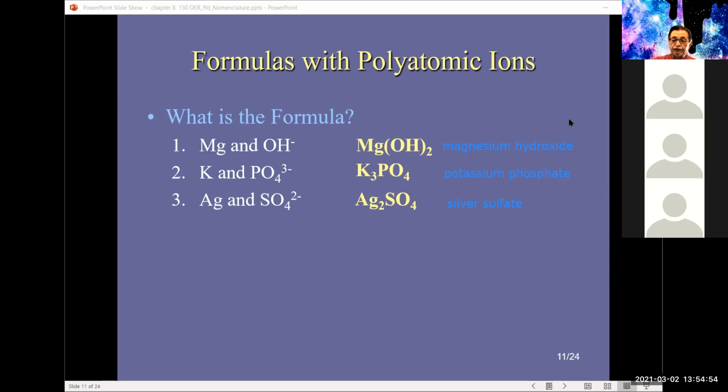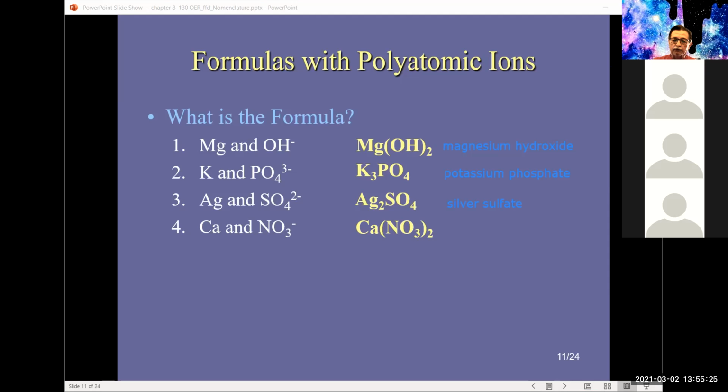All right, next one. We have calcium and nitrate. Calcium, I'll leave it to you, is in group 2, has a +2 charge. The nitrate, the NO3, which you find in the polyatomic ion table, has a -1 charge. That means we need 2 of them. So I need a parentheses to show me that I got 2 nitrates.